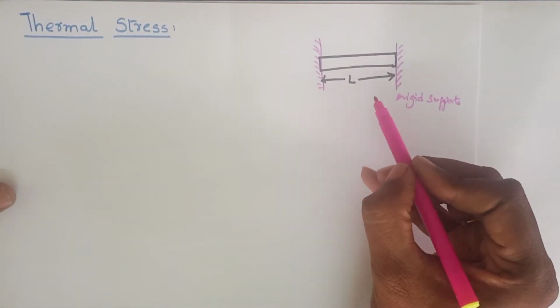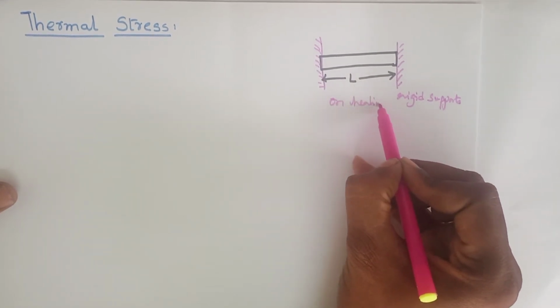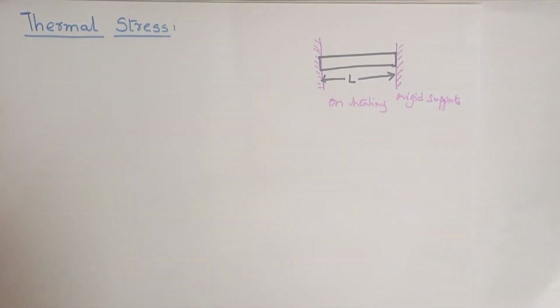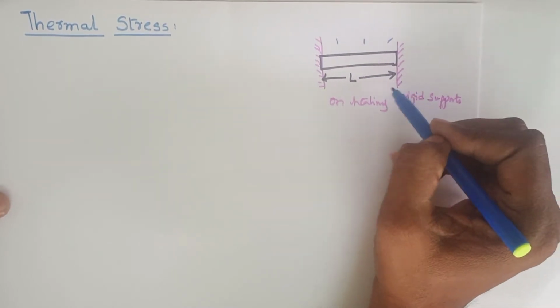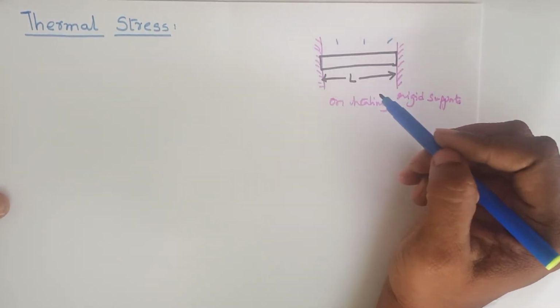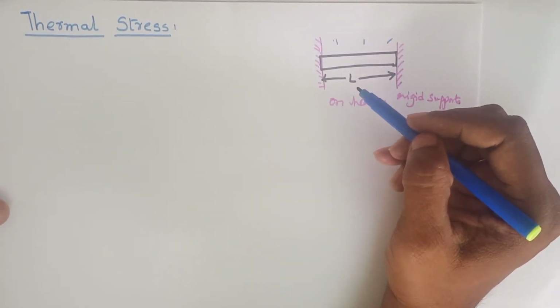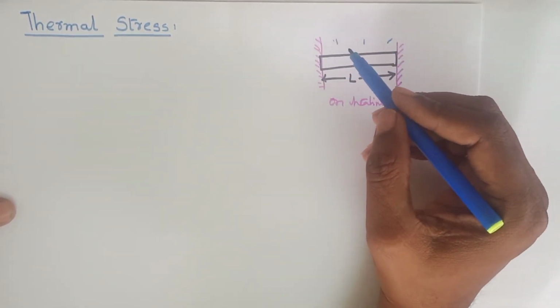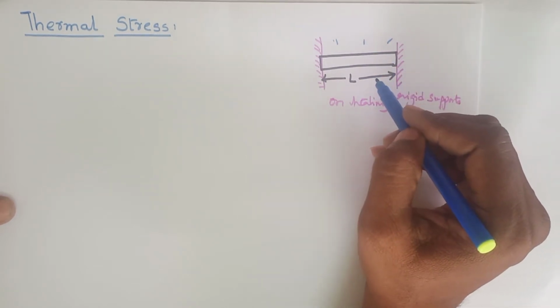Now on heating, what happens? On heating, the rod is trying to expand. But what are these rigid supports doing, so that it does not expand like that? So compressive stress is applied on the rod by the supports even as it is being heated.